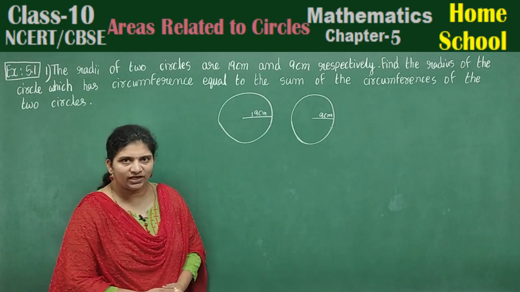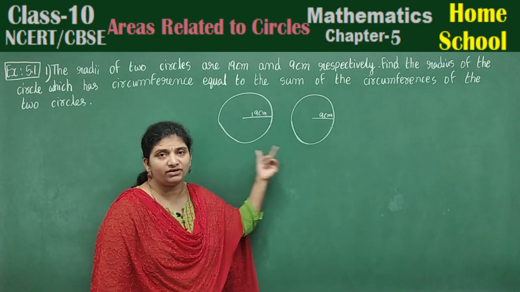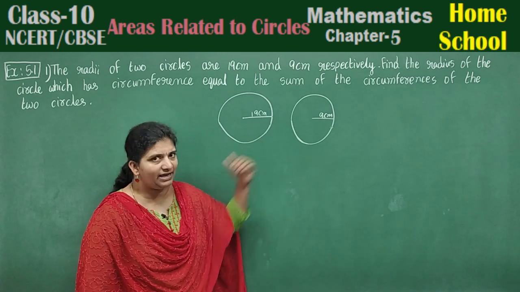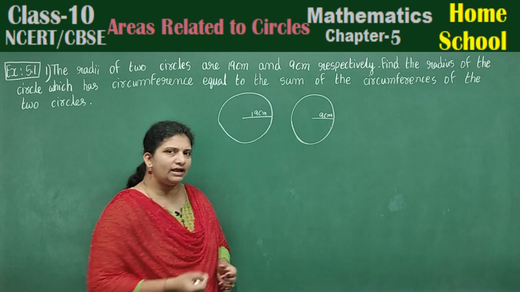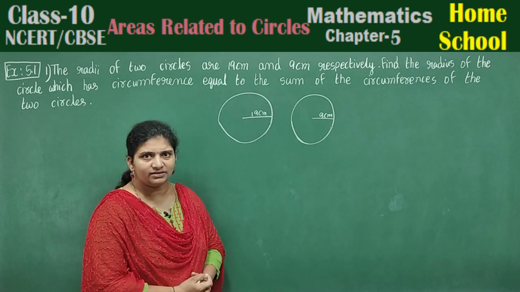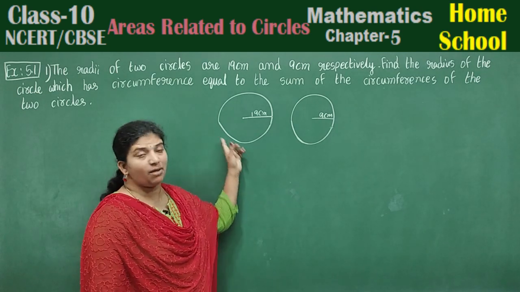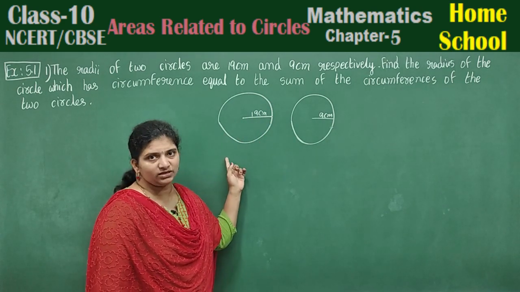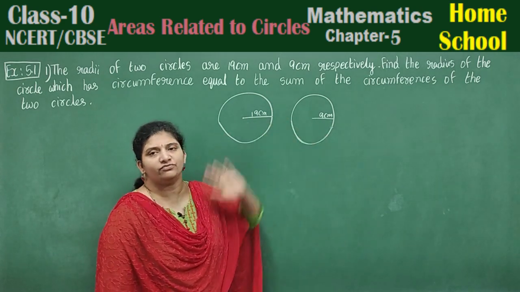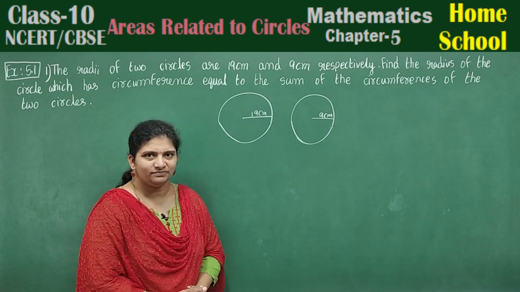Understand the question carefully here. There are two circles having radius 19 centimeters and 9 centimeters. And another circle you have. What is that another circle? How do you get that another circle? The sum of the circumferences of these two circles will give you the circumference of the new circle.